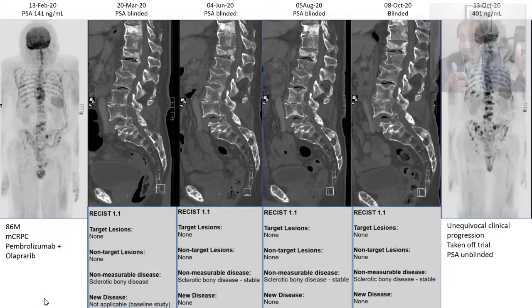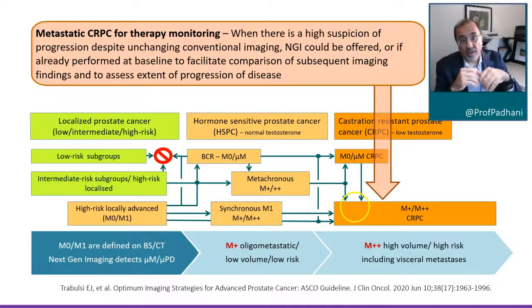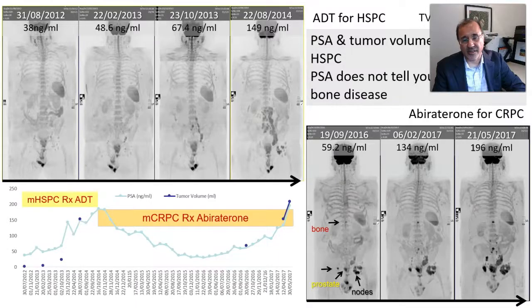And I showed you an example of this previously, where we had a patient who was getting worse clinically, but was stable morphologically. So next generation imaging technologies can be used in that instance. And the ASCO guidelines state that you can use next generation imaging to assess the extent of progression if you already performed next generation imaging at the baseline.